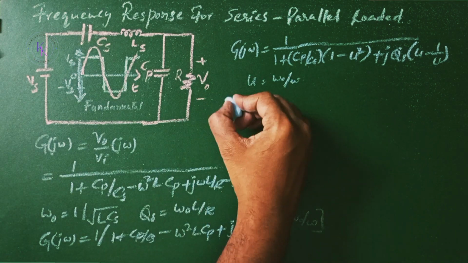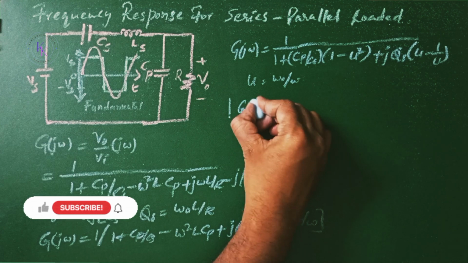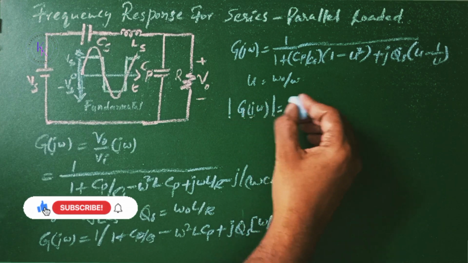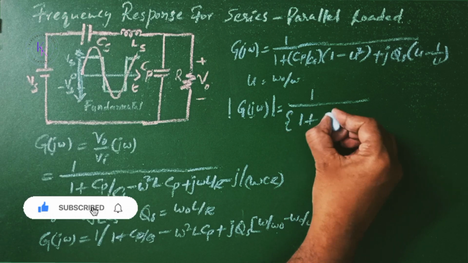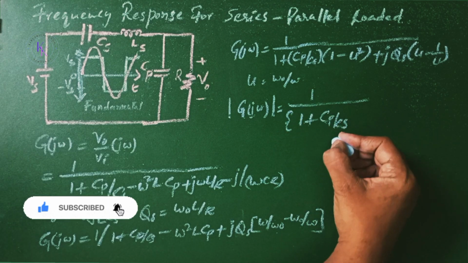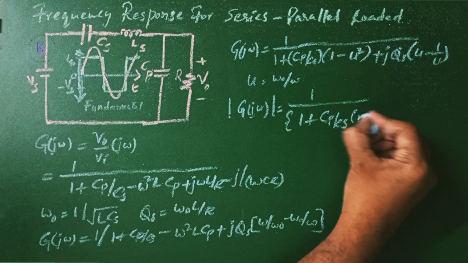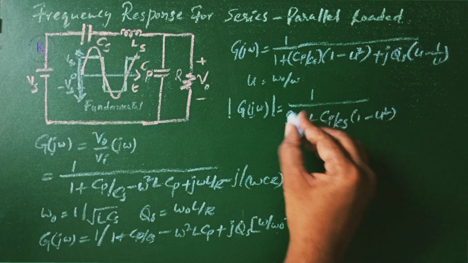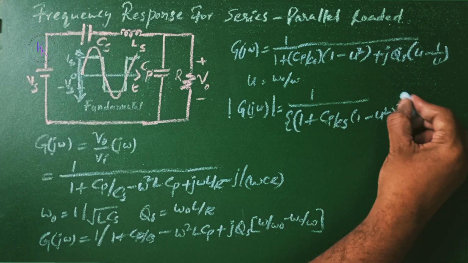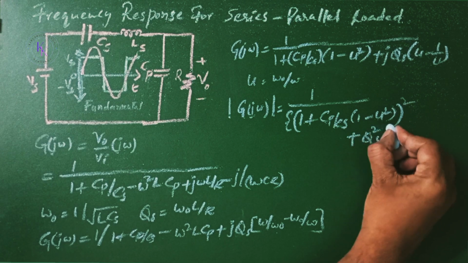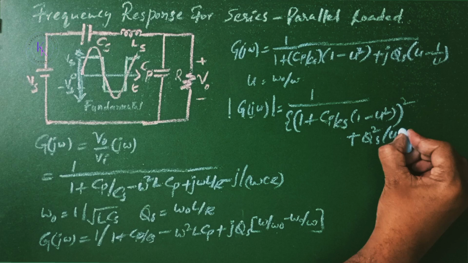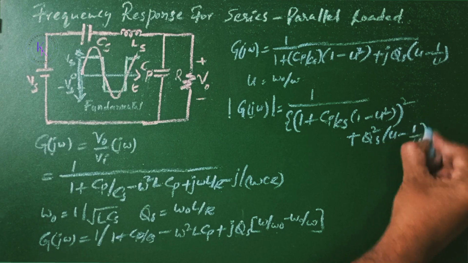Then the magnitude of M(jω) is given by 1 divided by 1 plus Cp by Cs times (1 minus u²) plus Qs² times (u minus 1 by u) whole square.